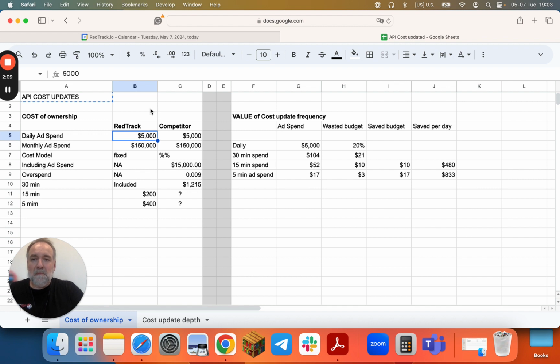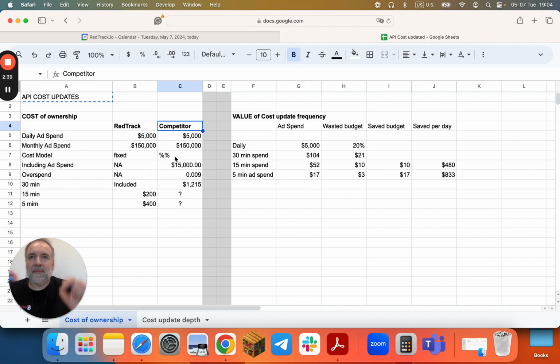So it means that monthly ad spend is 150K per month. If you compare RedTrack with our favorite competitor, even with the higher plans, I'm talking about the most foundational comparison, the same plans with 10 million events, for the same ad spend, we have fixed cost updates.